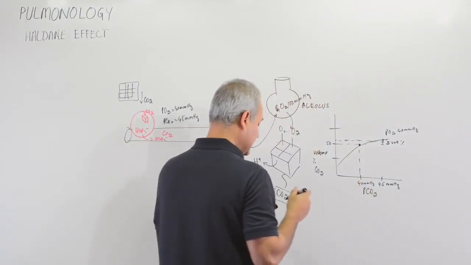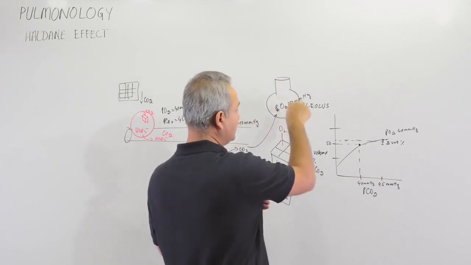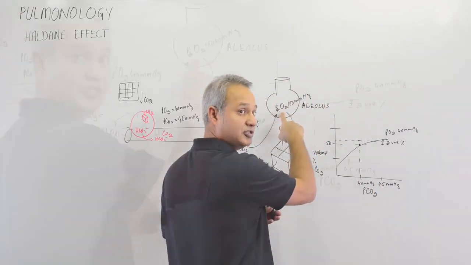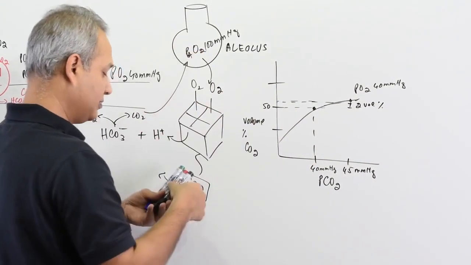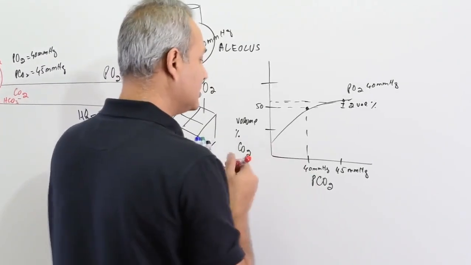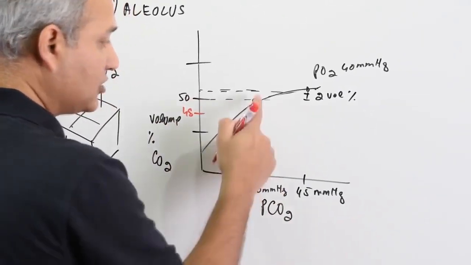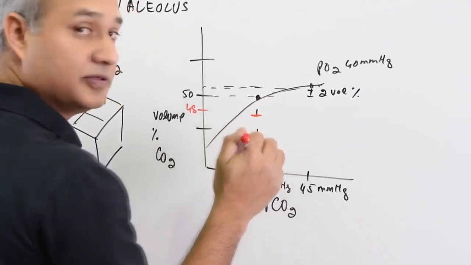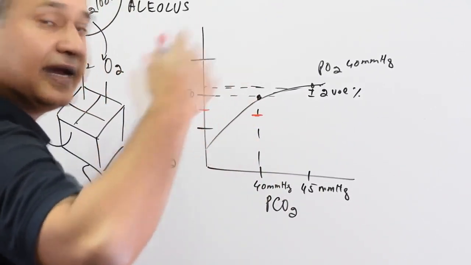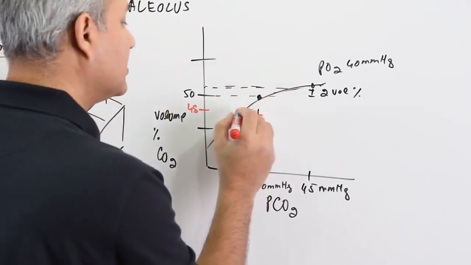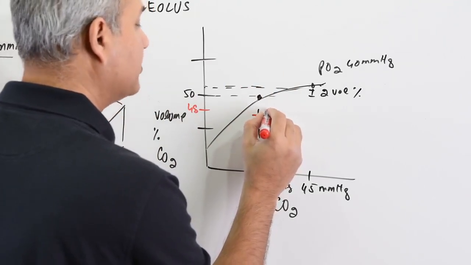However, what is the actual pressure of oxygen here? 100. In the presence of 100 pressure, actually what remains is 48. The carbon dioxide that is reduced, meaning exited, leaves 48 volume percent.